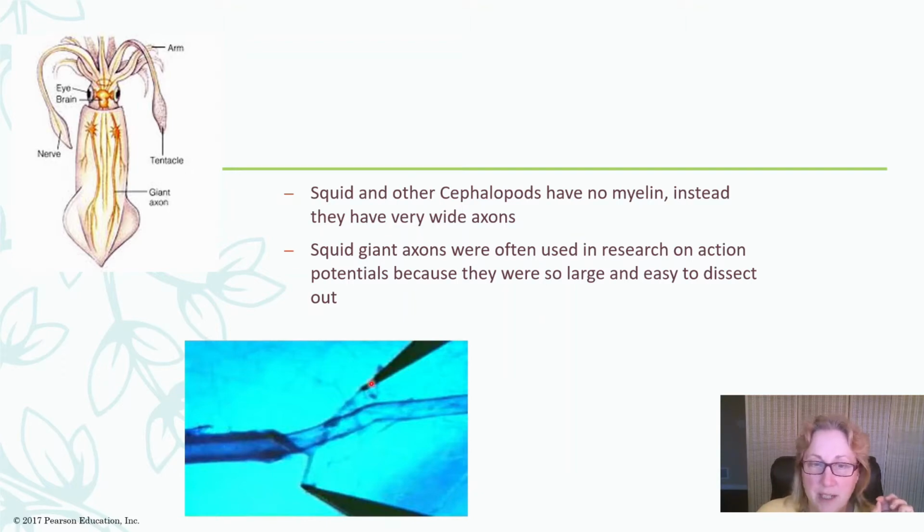And you can see here this forcep or probe end here is about the size of an end of a toothpick, and you can see how large this is a single cell. This is a single axon here.